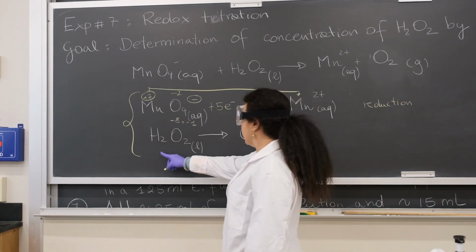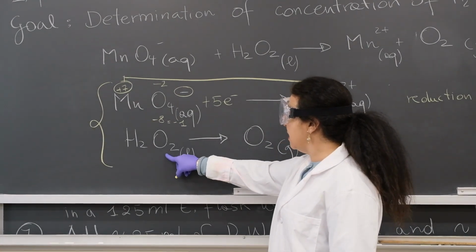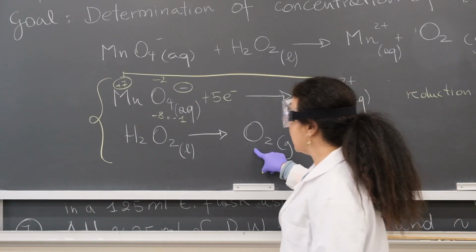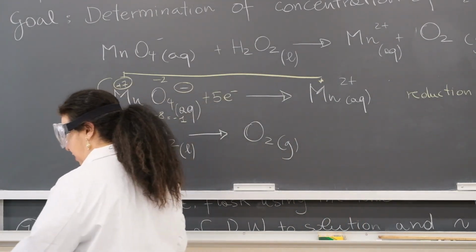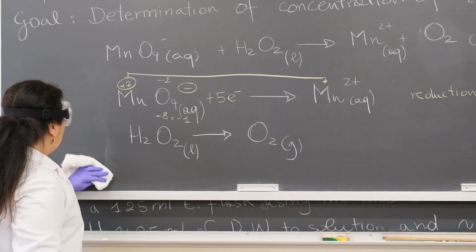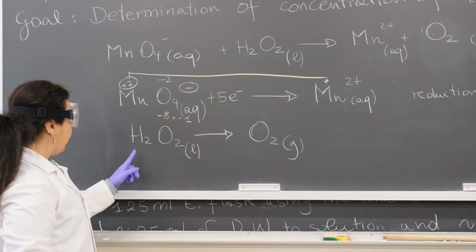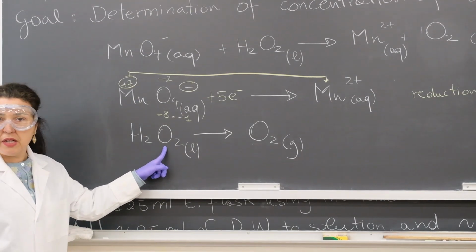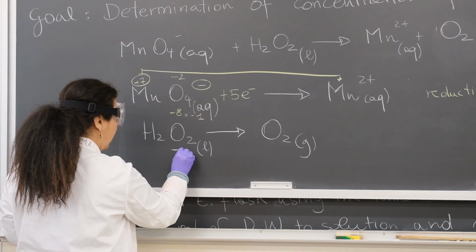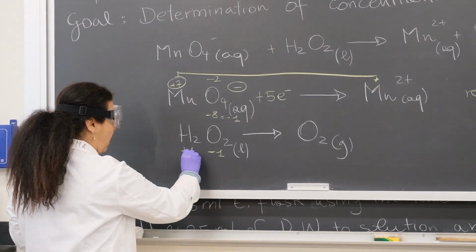The other half reaction taking place is the peroxide that goes to oxygen, okay? Let's write down the oxidation number for the oxygen and for the hydrogen. So oxygen in peroxide, we learned in class, has oxidation number -1 and hydrogen +1.